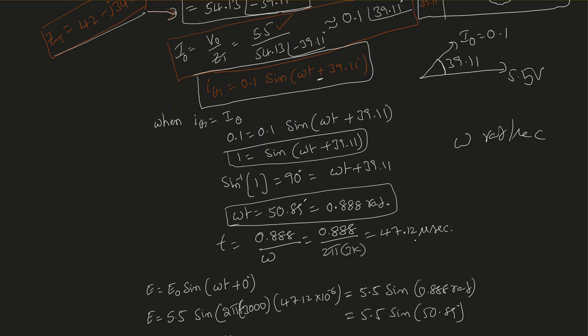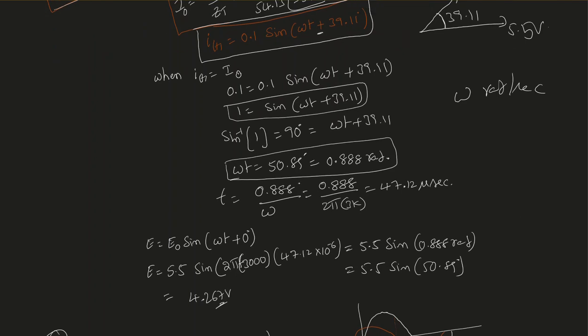At 47.12 microseconds, I is going to reach the maximum value. At that point, what is the voltage? I substitute this omega t value to find the instantaneous value, and I found that voltage as 4.267 volt.